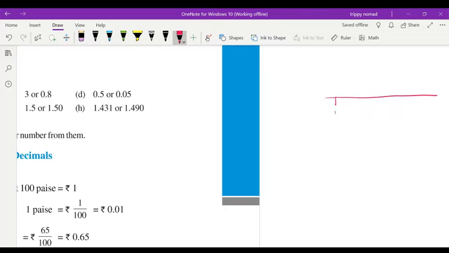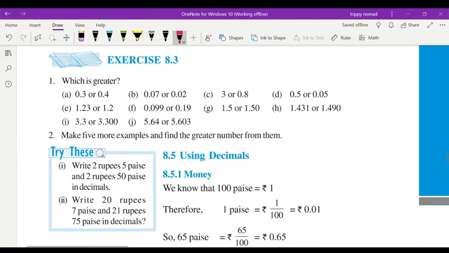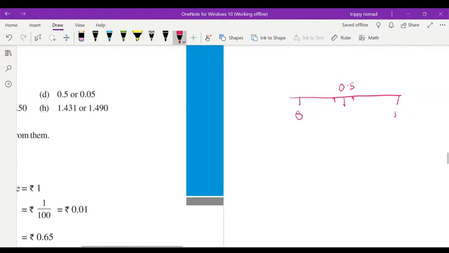Suppose this is 0 and this is 1, and this will be 0.5 and this will be 0.6, this will be 0.4, and you see here 0.3, so 1, 2, 3.